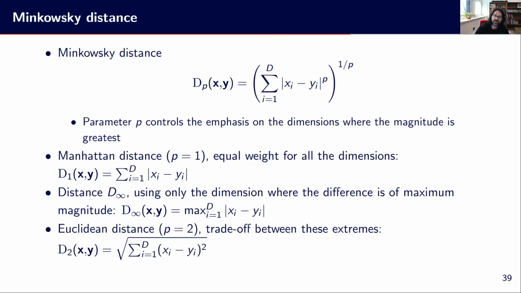As for the Euclidean distance, it is Minkowski with p equal to 2. So it makes a trade-off between these two extremes. We put more emphasis on the biggest differences.